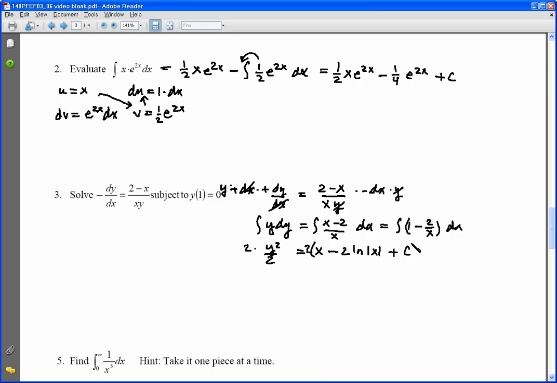So this whole side gets a times 2. And these guys cancel. So we've got y squared is 2 times x, 2x, minus 4 ln absolute x, and then plus 2c.